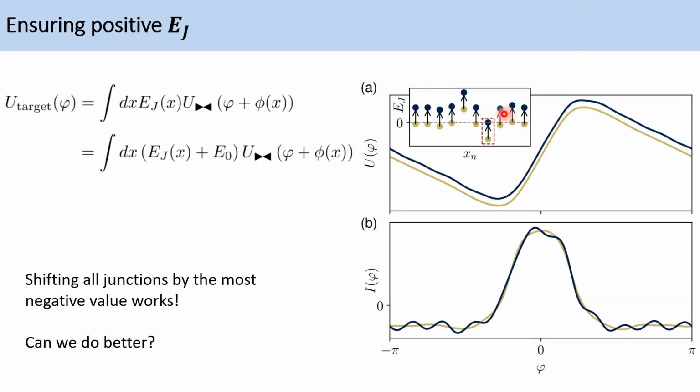You're limited by your fabrication, though mind you, it's not the weakest link, because it's the overall sum of those. So not the weakest one. But then again, it is limited to the real material Josephson energies.